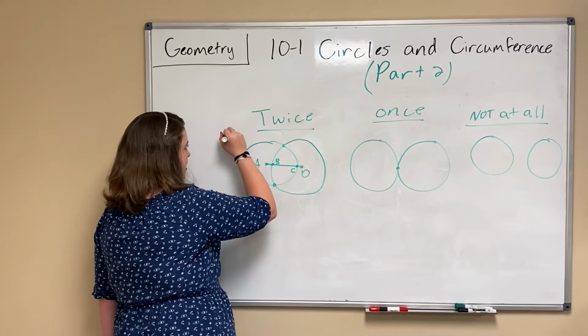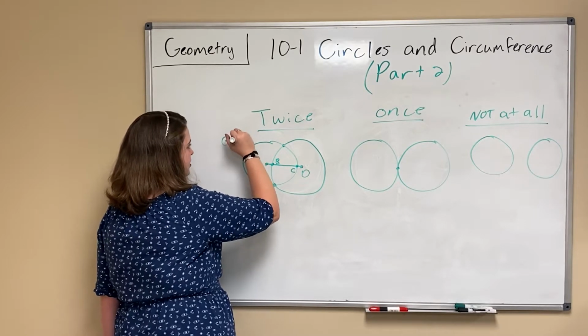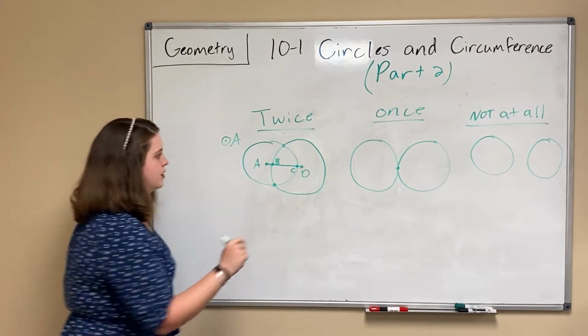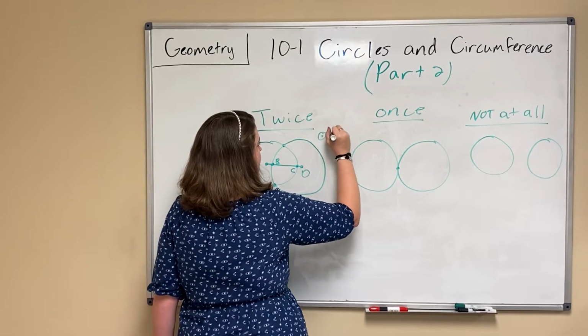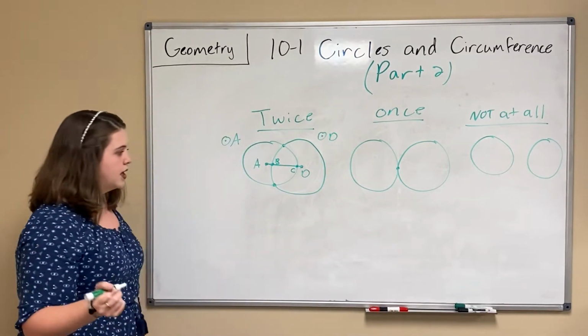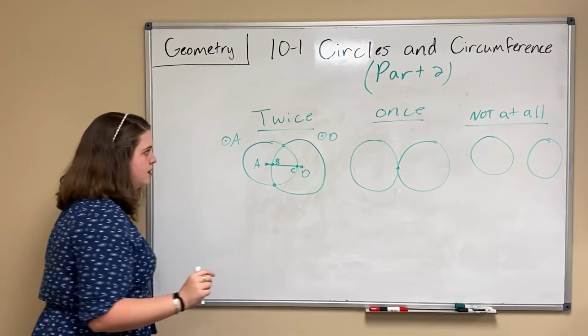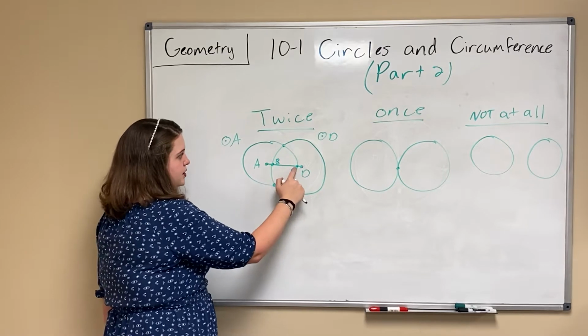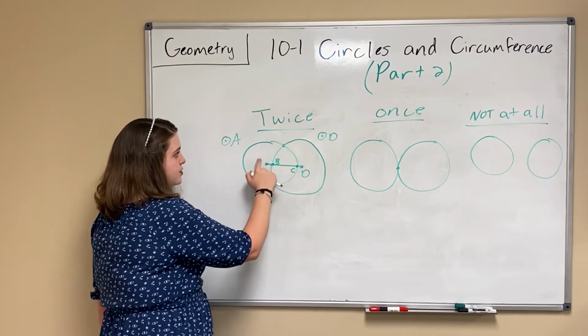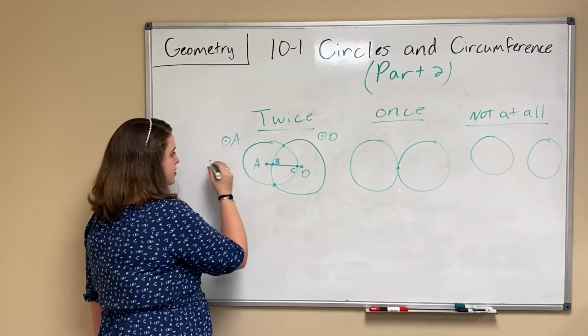Looking at circle A, this is our symbology for a circle: circle A and circle D. You label them by their center points. If I'm looking at circle A, the radius of circle A is from point A to point C, right? Because that's from the center of the circle to its edge.